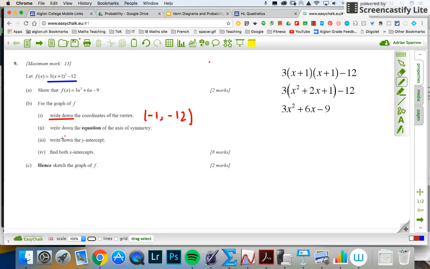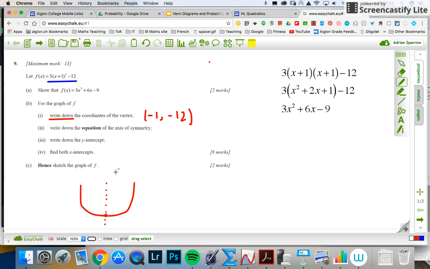So there's the coordinates. Write down the equation of the axis of symmetry. Now, although we've got to sketch the graph, I'm going to do a real quick sketch here. Well, actually, might be easier if I just draw the graph like that. It's a quadratic, and the vertex is the bottom point. And I already know the coordinates. And the line of symmetry is the one that goes up like this, that goes through the vertex.